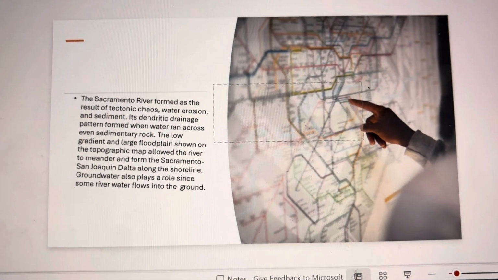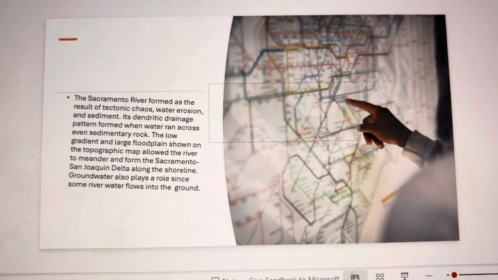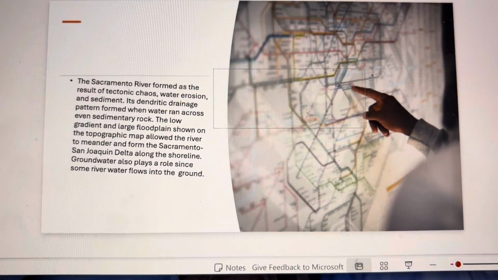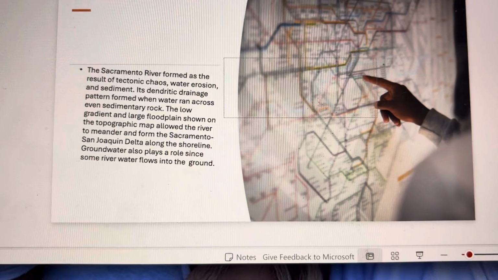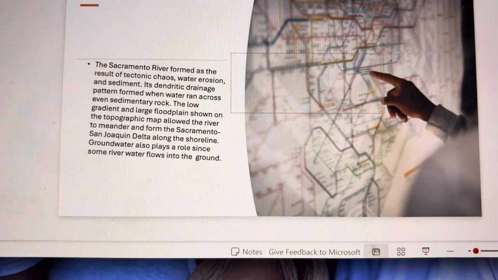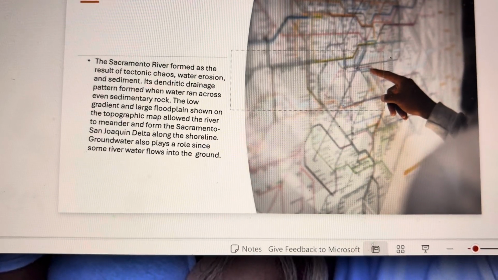Now we submitted an image so you can see where the water runs at Clarksburg, California. So I got the Sacramento River, which forms as the result of tectonic chaos, water erosion, and sedimentary rock. A dendritic drainage pattern is formed when the water runs across even sedimentary rock.